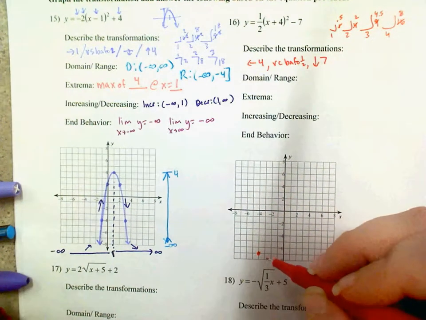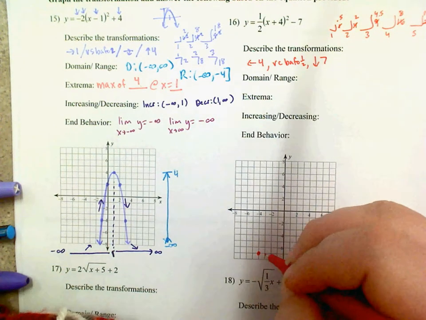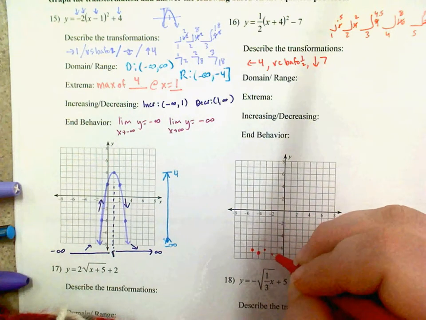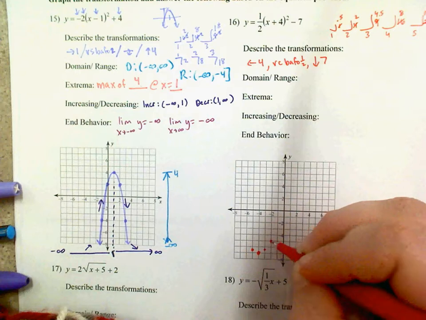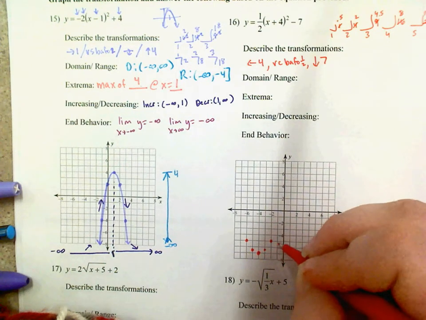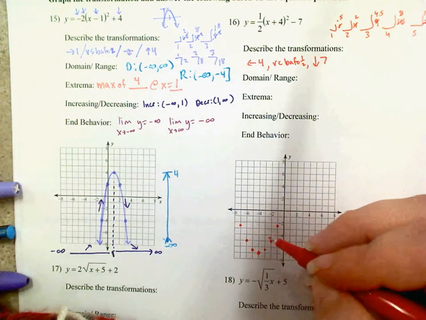So I might go fit one more. 5 squared is 25, and half of 25 is 12.5, so let's see. If I go over 1, I should go only up 0.5. If I go over 2, I should go up 2. If I go over 3, I should go up 4.5. When I go over 4, I should go up 8.